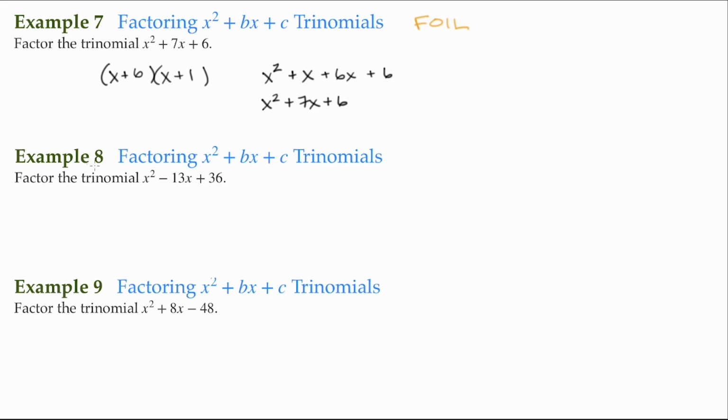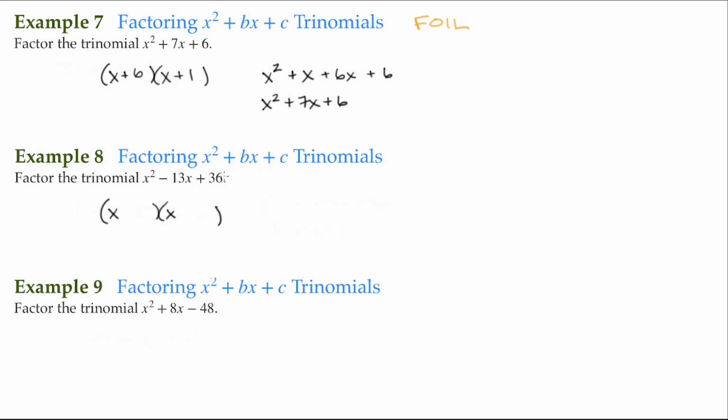We're going to use the same approach for this example down here. We have x squared minus 13x plus 36. So I'm going to start off going like this. There are going to be a couple of binomials. Except something to consider here is that not all the terms are positive. We have a negative term here in the middle.